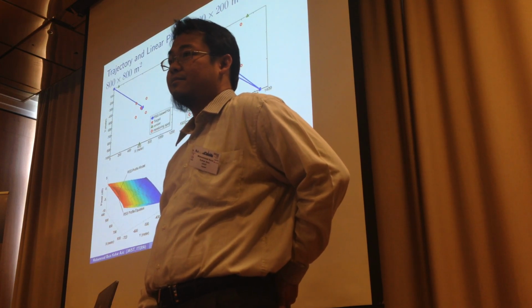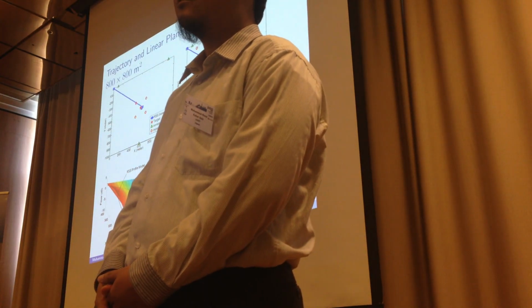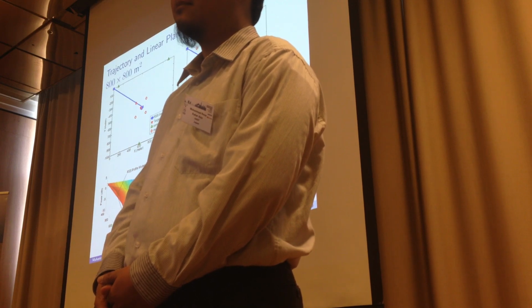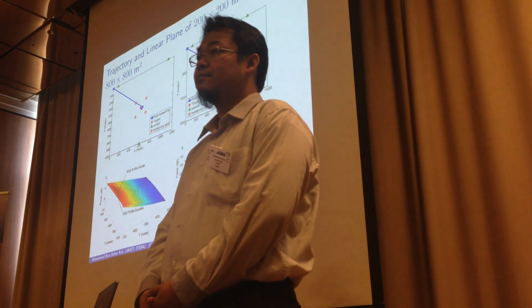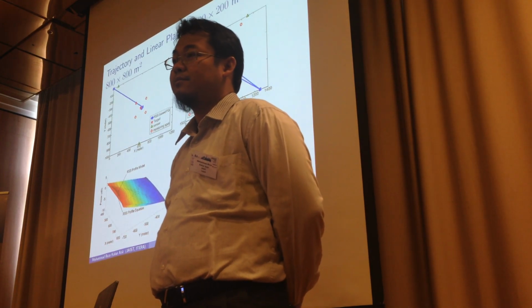Okay, because I think there will be huge issues in a multipath environment, where you can have pretty strong destructive interference or constructive interference. So this kind of measurement may not be reliable.